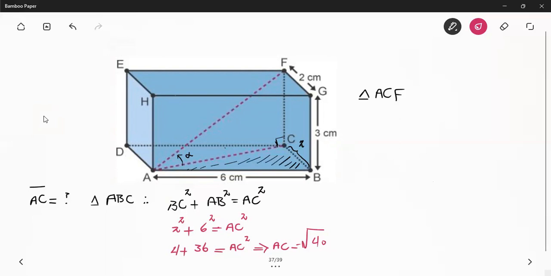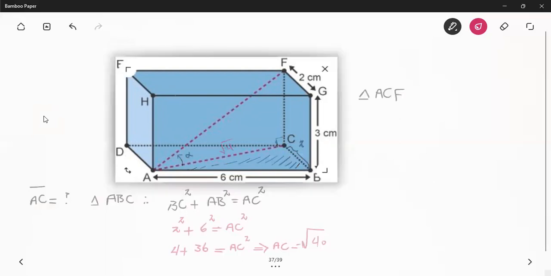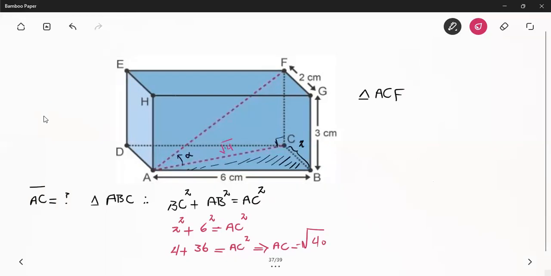Now, guys, we find the length of AC, because our focus, as I said, guys, please quiet, is triangle ACF.